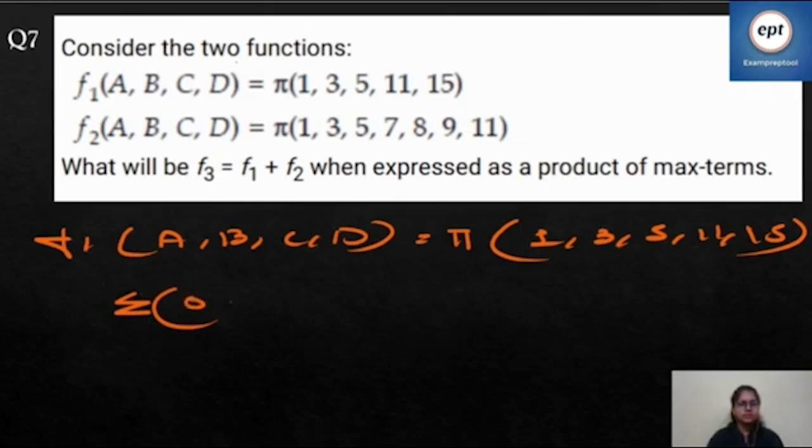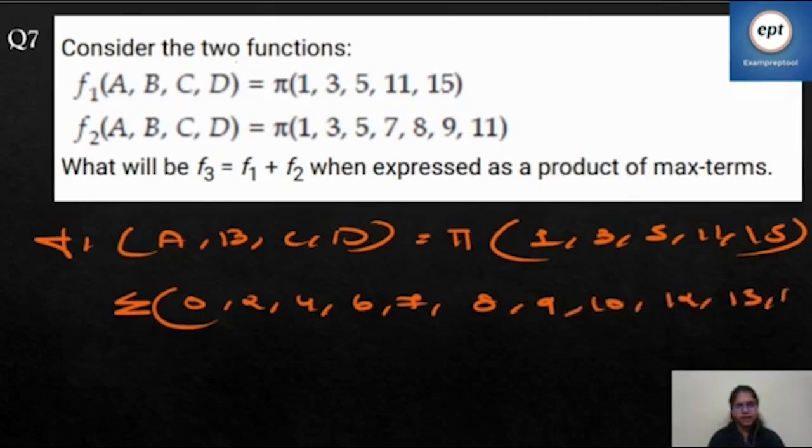It will be 0, 2, 4, 6, 7, 8, 9, 10, 12, 13 and 14. These are the min terms and these are the max terms. Now similarly we will take out for f2 also, which is a, b, c, d only.